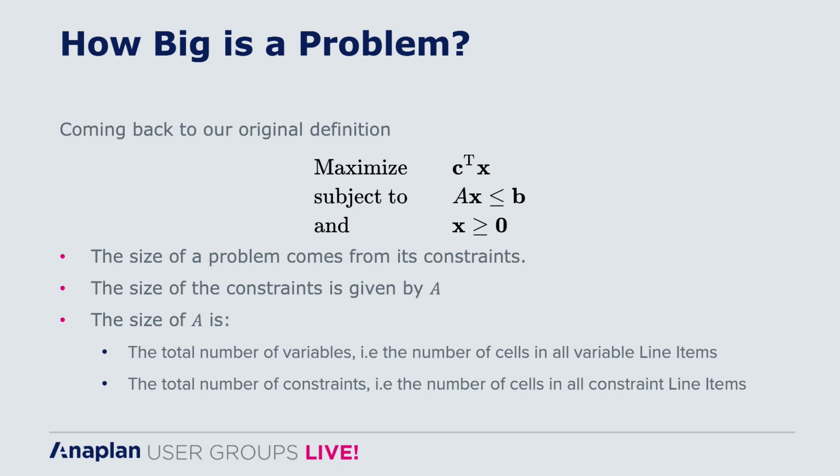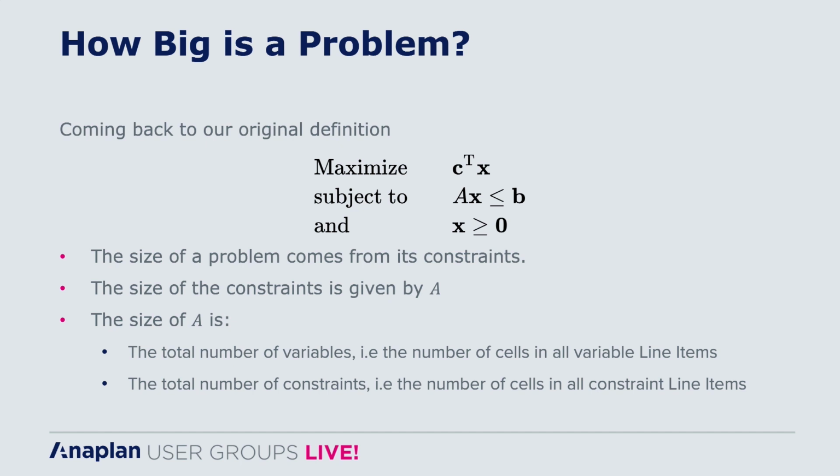Now, A must be a full matrix in the optimizer underlying implementation. And that full matrix must have a row for each constraint and a column for each variable. So the size of your problem is the size of that matrix. Now, when you have one variable, that's fairly simple.